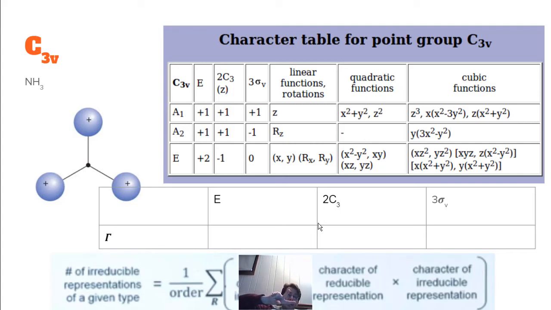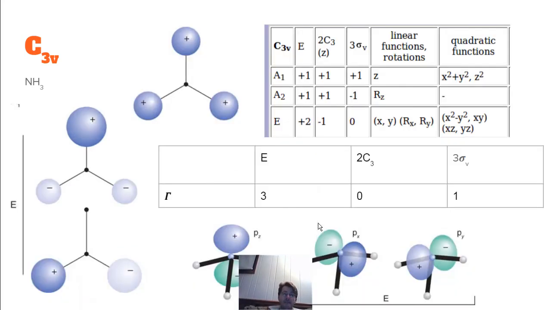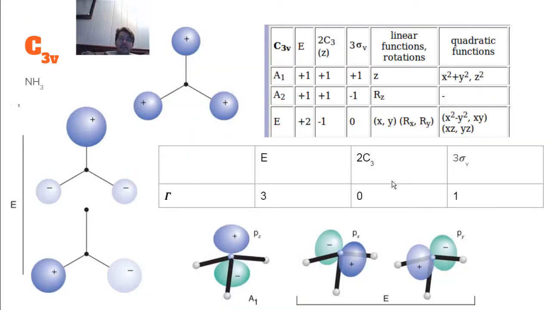A C3 rotation turns them all, so that'll drop to 0. The mirror plane will move 2 of them, and the other one will stay where it's at. And so from this we end up with the following reduced representation.